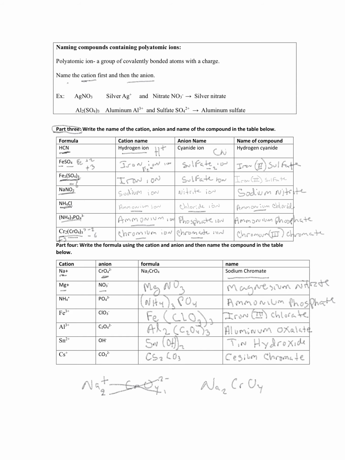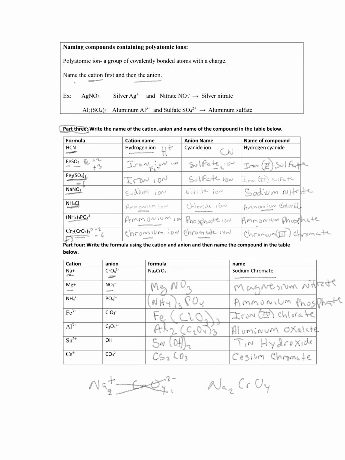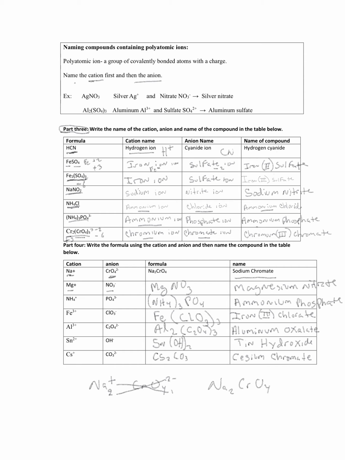Okay, let's go over the answers for these. So let's look at this one here. Okay, so you have an ammonium ion and a phosphate ion. And when I wrote it, I put 3 ammonium in the formula, NH4 with parentheses around it, subscript 3, to indicate I have 3 ammonium ions, and then 1 phosphate.